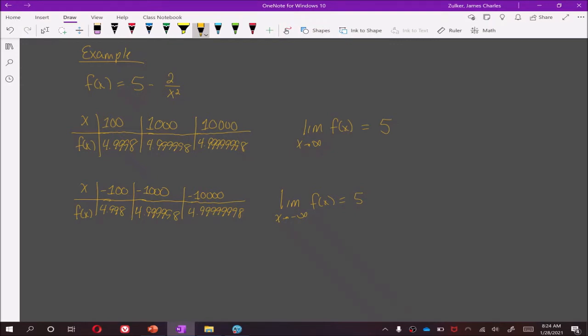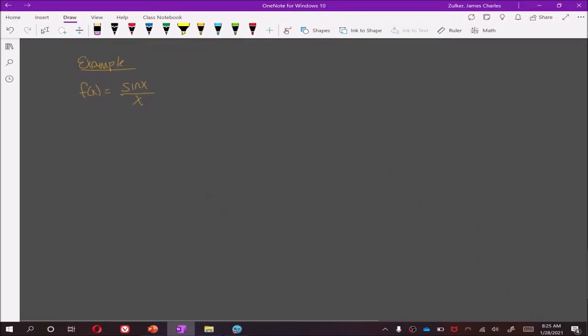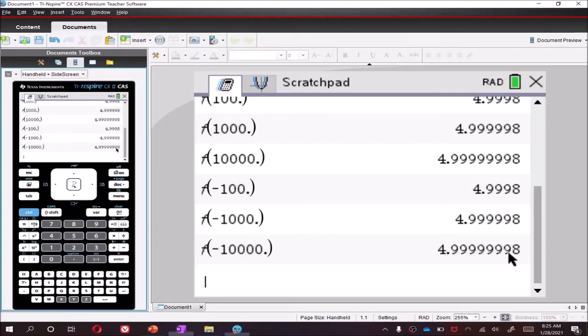Okay? Well, let's now look at this function, sine of x over x. Again, we're going to do positive infinity and negative infinity, so let's start at 100. Come back over to our calculator.